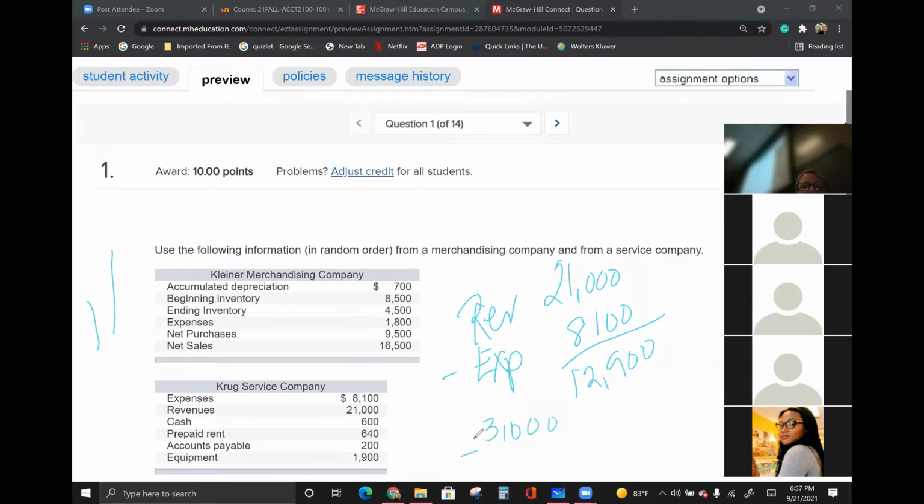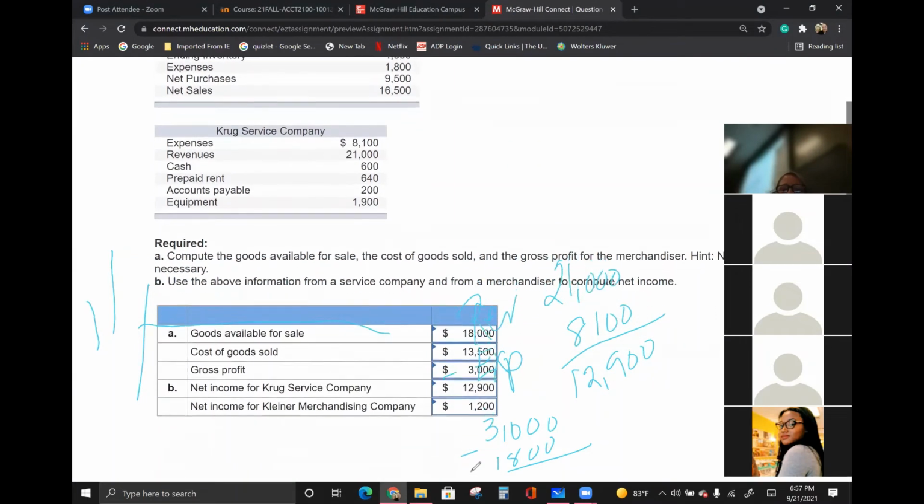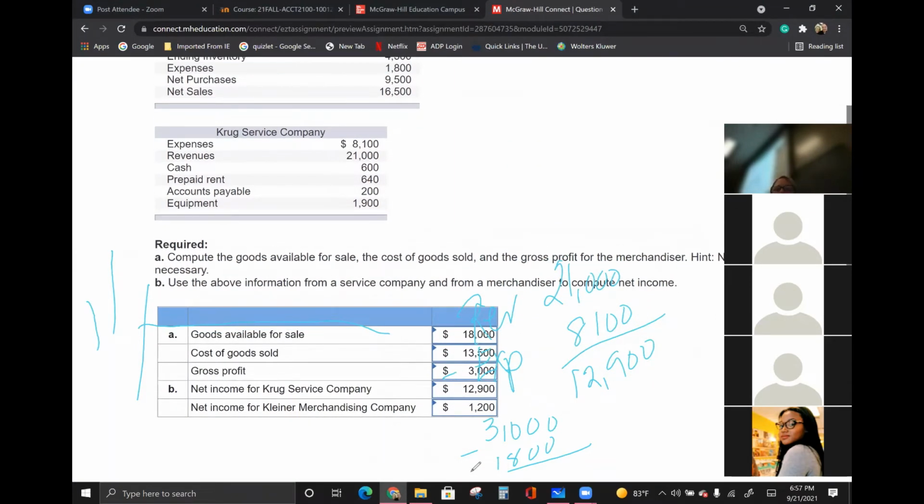And the expenses on Kleiner here are 1,800. So my net income for them is 1,200, because I'm taking the 3,000 that we calculated, which is the gross profit, and I'm deducting the expenses.